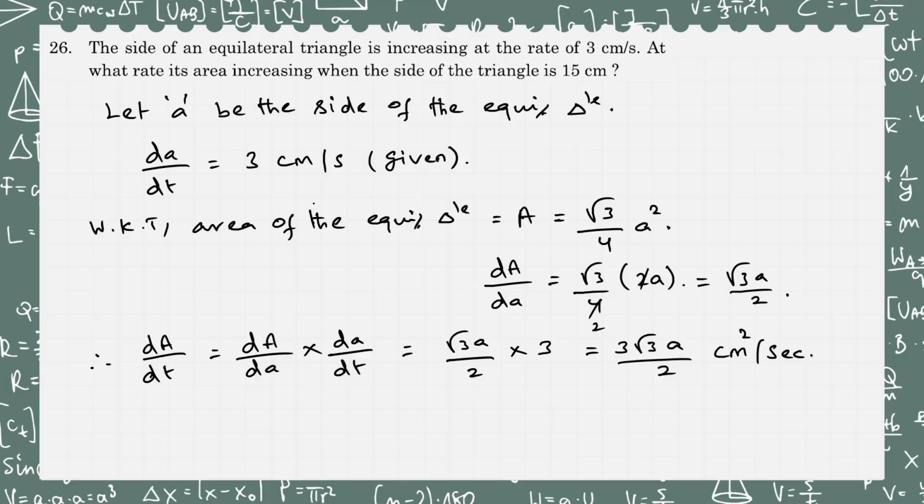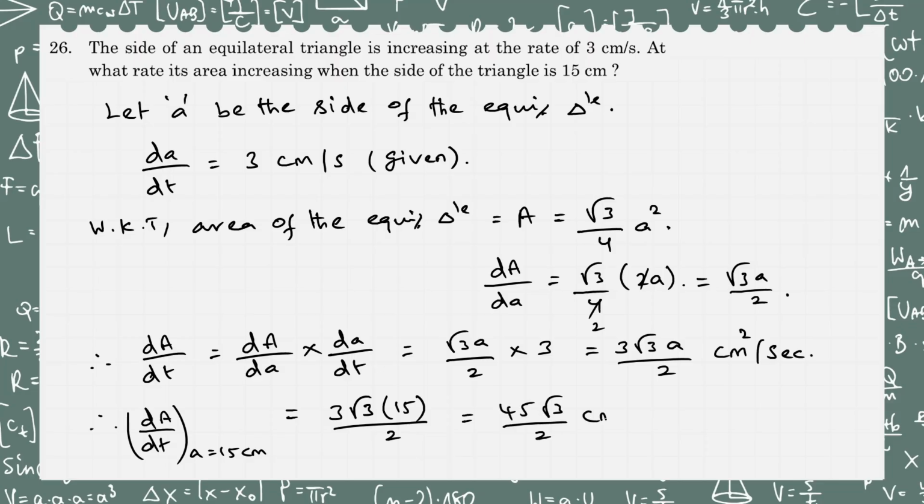Now they are asking us the value of dA by dt when side of the triangle, small a, is 15 centimeters. So dA by dt when a is 15 centimeter will be 3 root 3 into 15 divided by 2, which is 45 root 3 divided by 2 centimeter square per second. That's the final answer. Let's move on to the next sum.